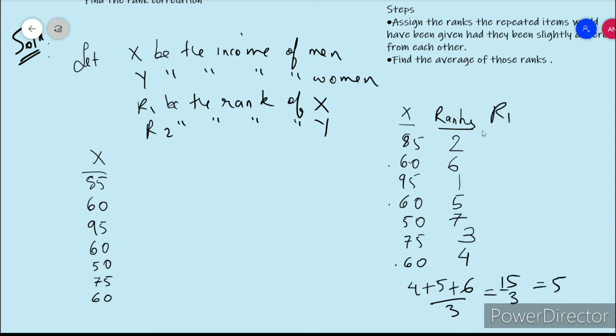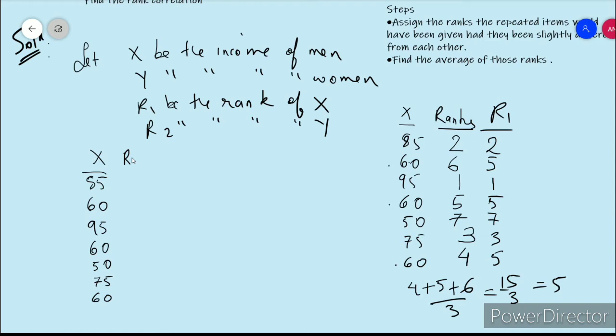So R1 will be those items which appear only once, same rank, their ranks won't change, and only 60 will be assigned the average rank. Seven, 3 and 5. So your R1, it doesn't matter if you write your Y series first also, it's okay.